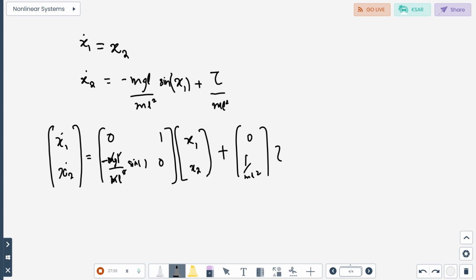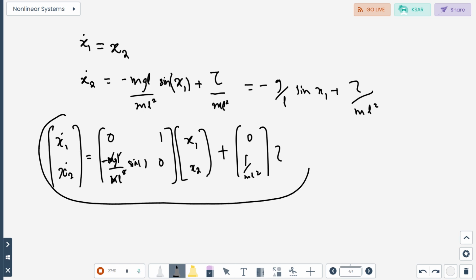So x1 dot is equal to x2 and x2 dot is equal to minus g by l sine of x1 plus tau by ml square. So exactly we cannot put it in the matrix form. I would actually like to point that out. This representation is not exactly accurate, but x1 dot is equal to x2 and x2 dot is equal to this thing.